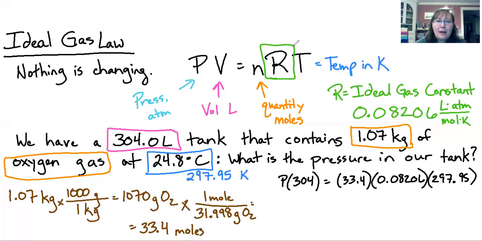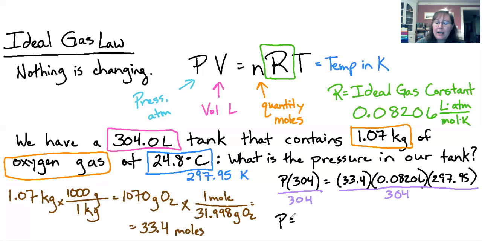So then if I'm going to do my algebra, I'm going to isolate P by dividing both sides by 304. And I will get that my pressure is equal to 33.4 times 0.08206 times 297.95 equals, and then I'm going to divide that by 304.